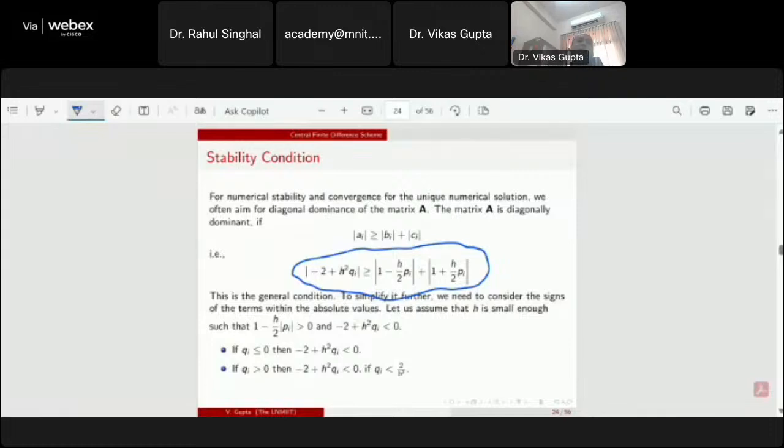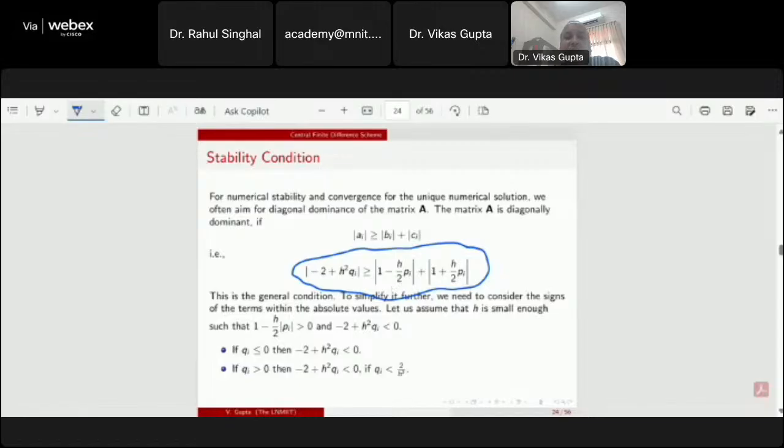Now, to simplify this general condition for diagonal dominance for the matrix A, we need to consider the sign pattern of the coefficients Pi and Qi, those which lie in these absolute values.